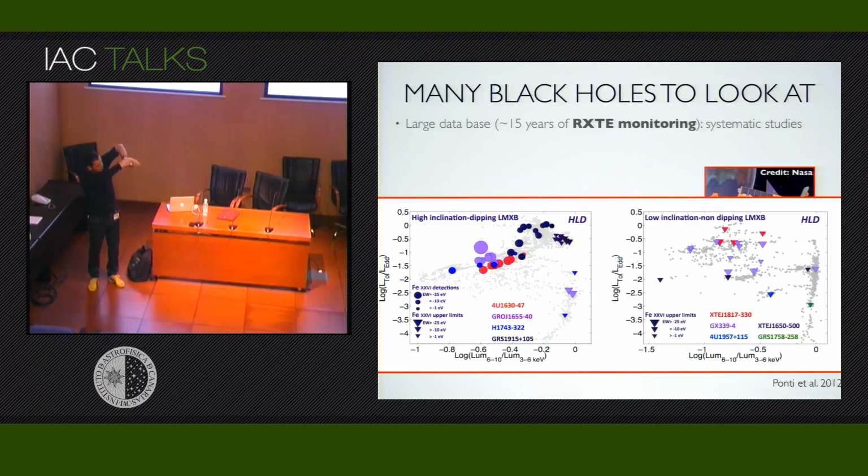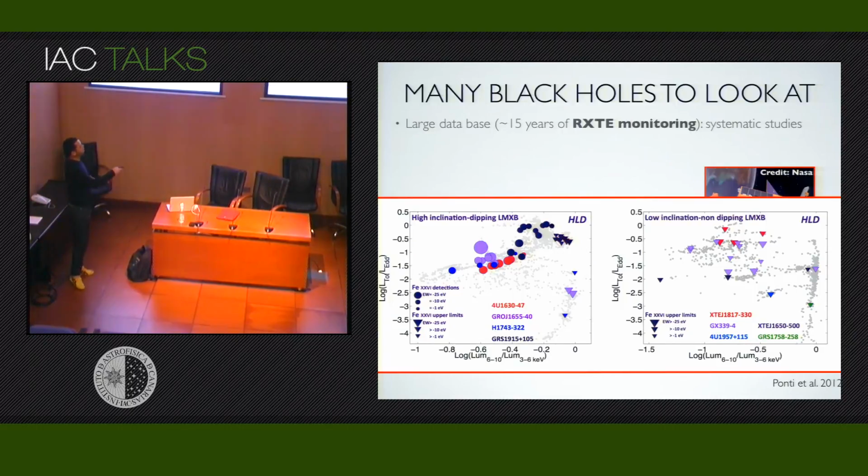So in 2012, Ponti and collaborators presented this study.